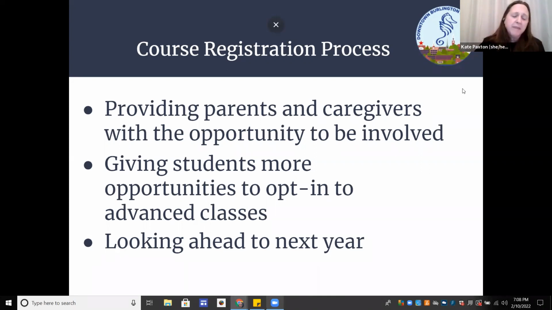A big conversation that we've been having with our faculty this year is how to really encourage students to dream big and to take those advanced and honors courses, to talk with faculty about the prerequisites and the requirements for those courses so that we can help identify students who are ready for them, who have what it takes but may need a little extra encouragement, students who may have concerns about whether they will be welcome in some courses that they haven't taken in the past, and how we can really increase access so that all students feel comfortable and feel that they have the opportunity to pursue those goals that they have both in school as well as after high school.